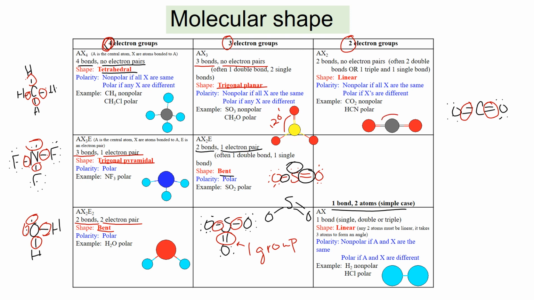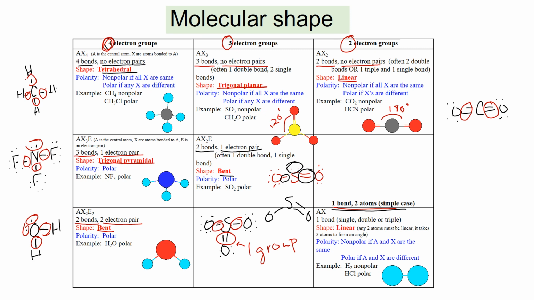Our angle here is 180 degrees, and it's linear. In this example, we have two bonds, no pairs. That often is because you have two double bonds, or you might have a triple bond and a single bond. That's our linear shape. If we were going to pull one of those atoms off, again, we'd be back to our one bond with two atoms, this simple case.